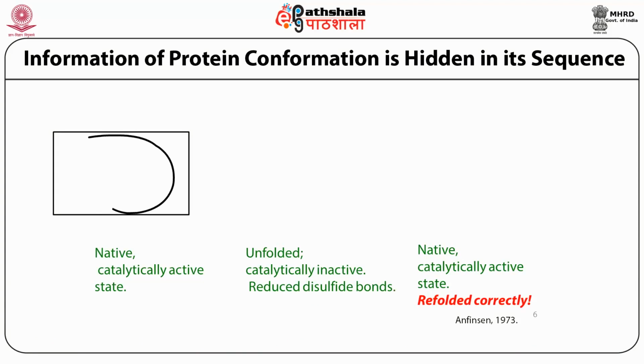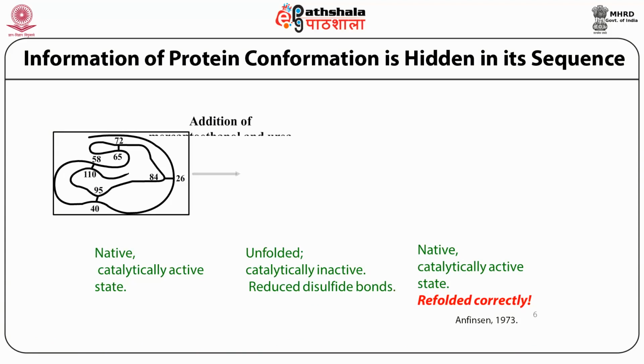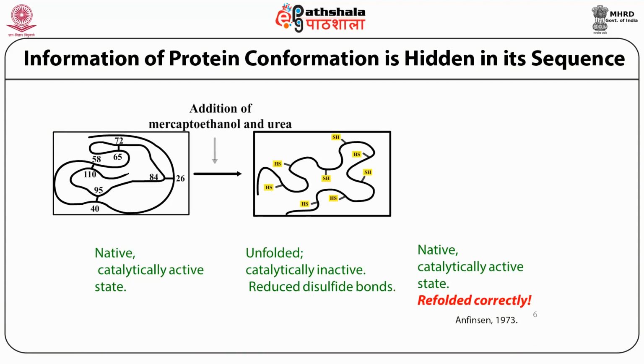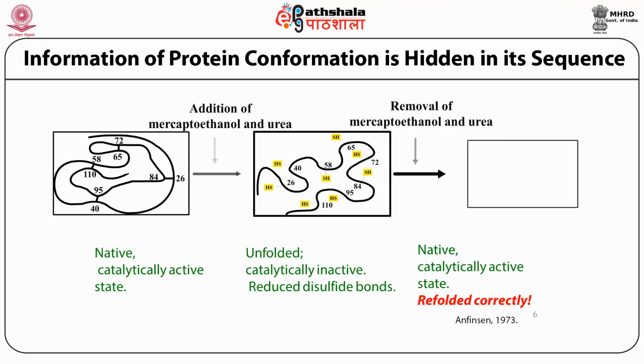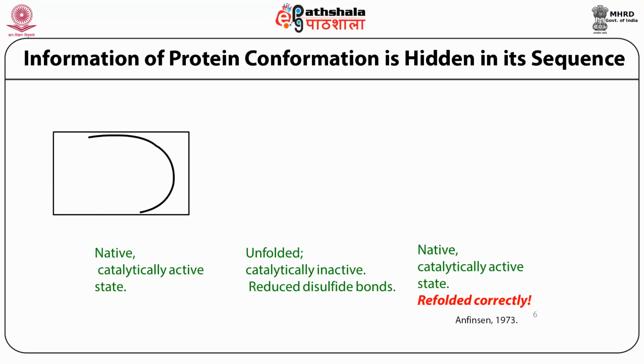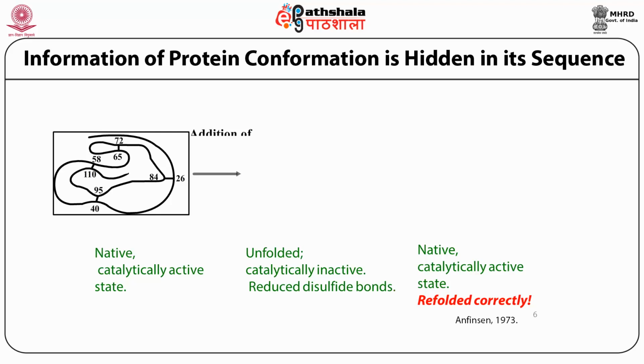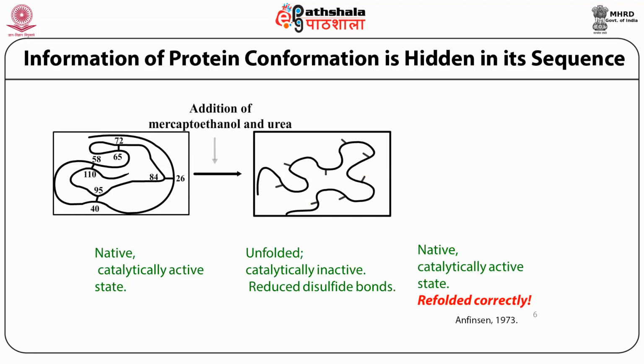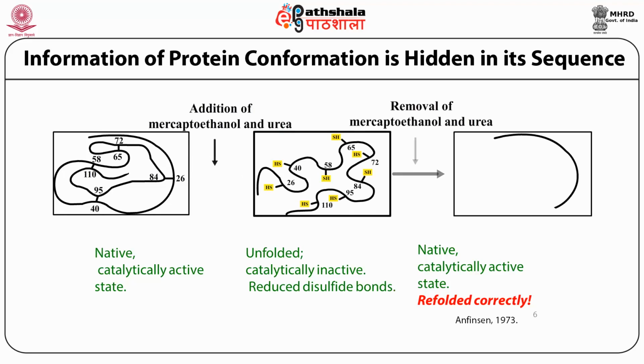We discuss how the structural information of protein is hidden in its sequence. For that, a well-known scientist, Professor Anfinsen, performed a very simple experiment. He took a model protein, ribonuclease A, having 8 cysteine residues forming 4 disulfide bonds.